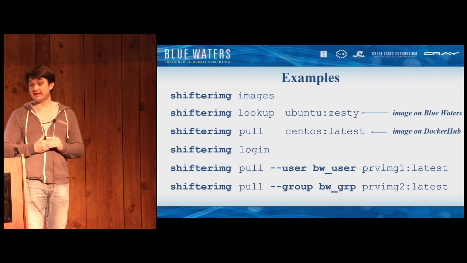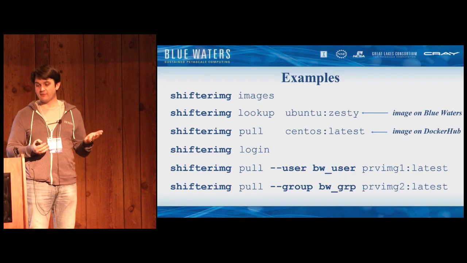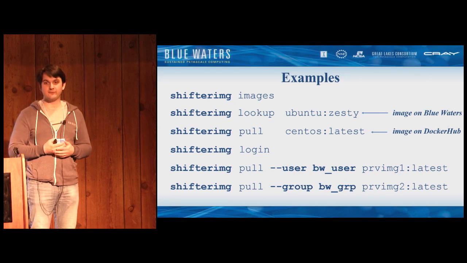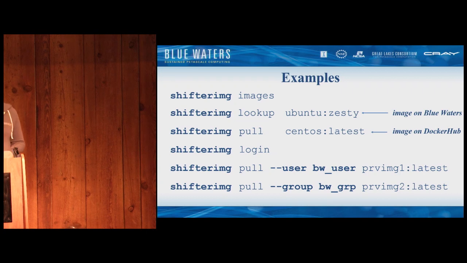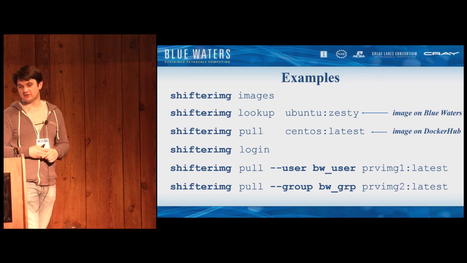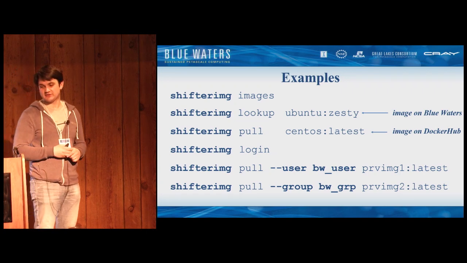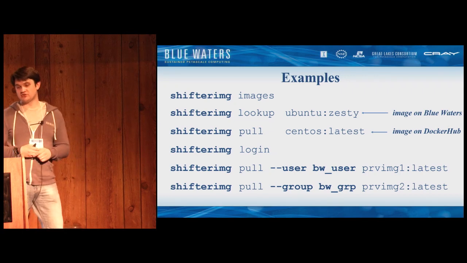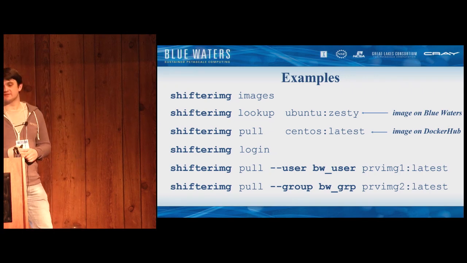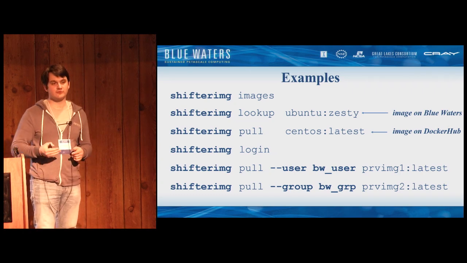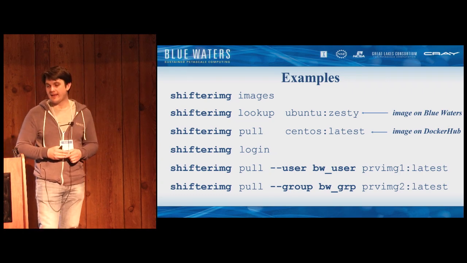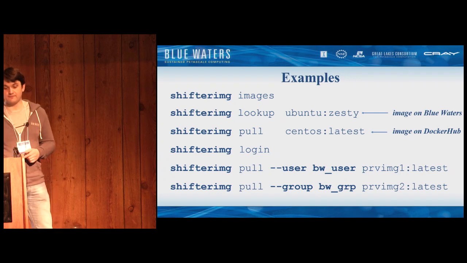A few examples. shifterimg images doesn't take any arguments. That's very straightforward. Lookup, again, just checks whether an image exists or not. shifterimg pull centos:latest would download an image from Docker Hub and convert it to Shifter UDI, and so forth.